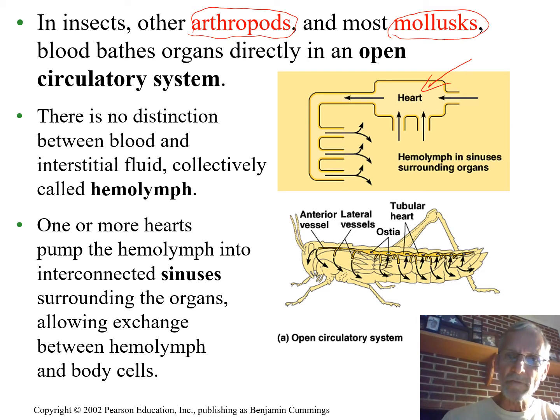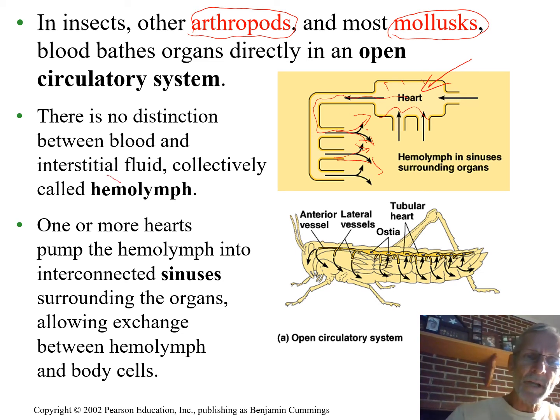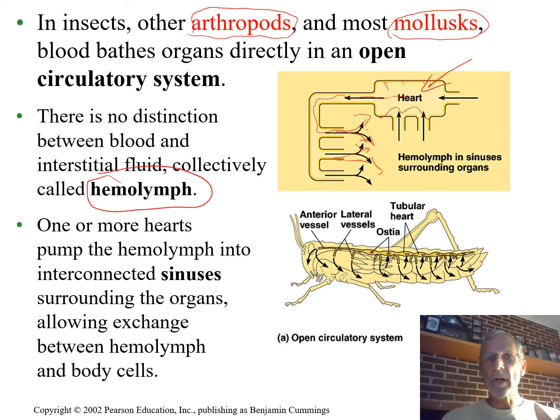So that's one difference. But you can see here, unlike what we'll see in you and I, when their heart contracts, and it's made of muscle that contracts, it pumps blood, and then that blood just spills out. And we don't even call it blood, even though it's not the worst mistake. It doesn't have any blood cells, and so we gave it a different name, hemolymph, right?